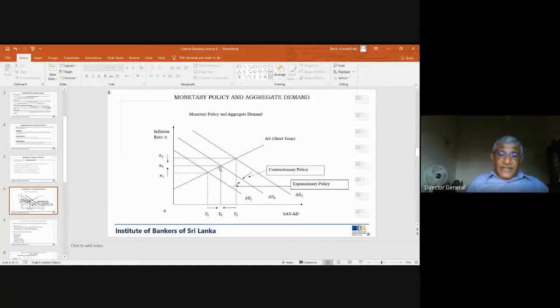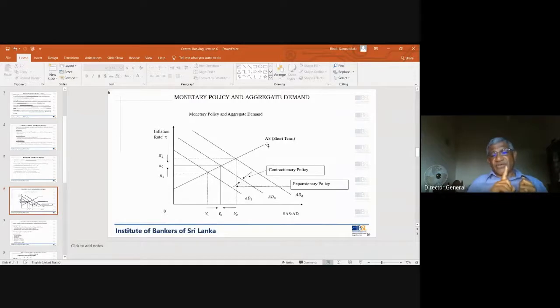Here, look very carefully. I did not mark these points with symbols because if we do it, it's going to be a very messy graph. I didn't want to do that. But I would like to use this. Say we have one common aggregate supply curve. Why? We said the monetary policy cannot influence the aggregate supply.